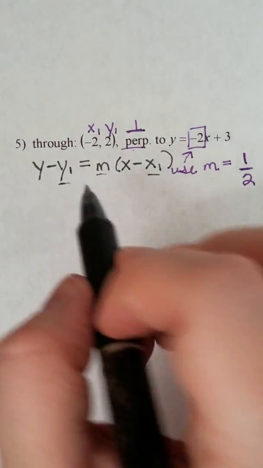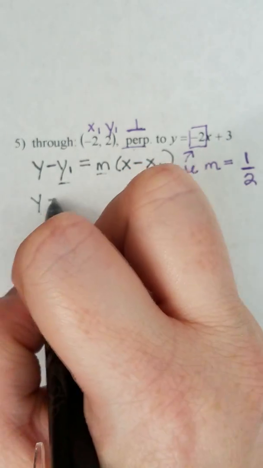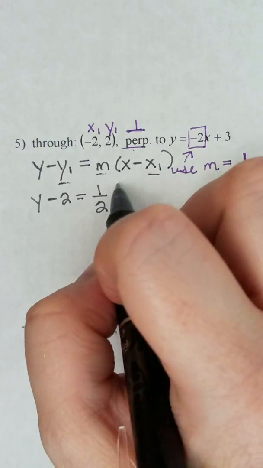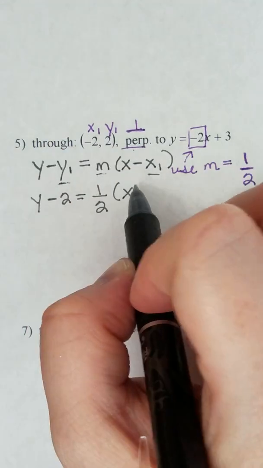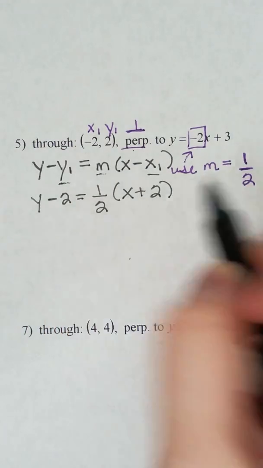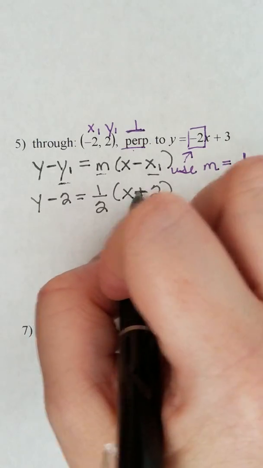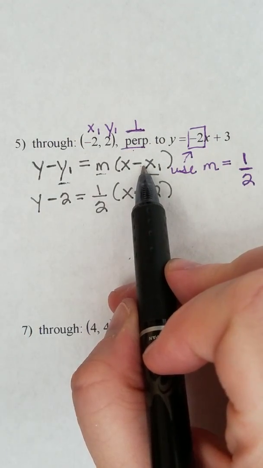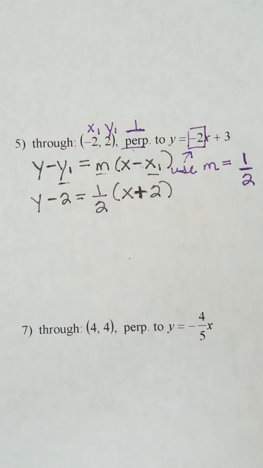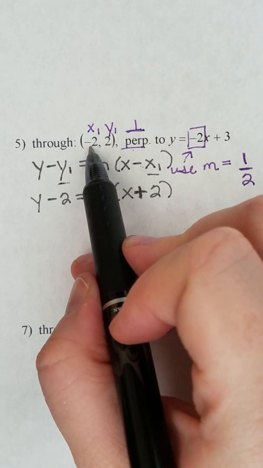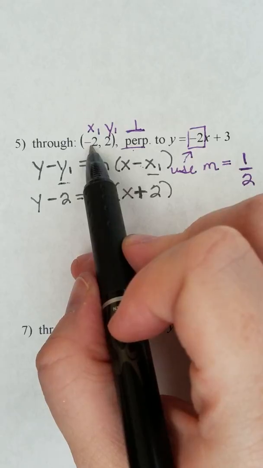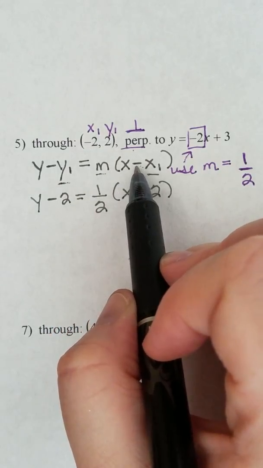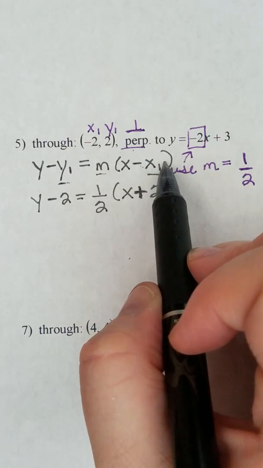So when I do that, it's going to look like this. y minus 2 equals positive 1/2 times the quantity x plus 2. And the reason why I'm changing this to addition here is because there's already a minus sign in my formula, and there's also a negative in front of the x coordinate that I have to use. So if I plug this in, it's going to be x minus -2.